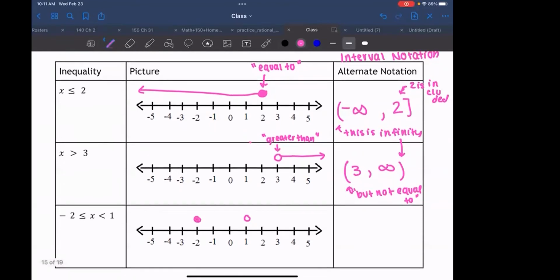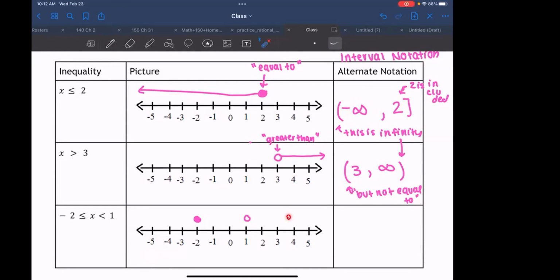-2, right? Because this one has the equal to sign. The other one doesn't, right? Okay. And let's see. Well, over to the left-hand side, if x was equal to -3, -4, or -5, well, that wouldn't be greater than -2, right?